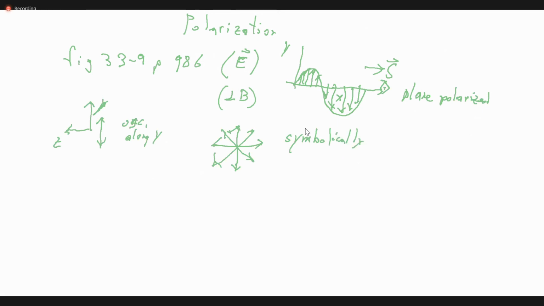Symbolically, we put that in compact form, and that is we just imagine that you have two perpendicular components this way. When you see this, it means it's unpolarized. Of course, any other component in this picture can be resolved into two perpendicular components by superposition. So this is enough to describe unpolarized light.